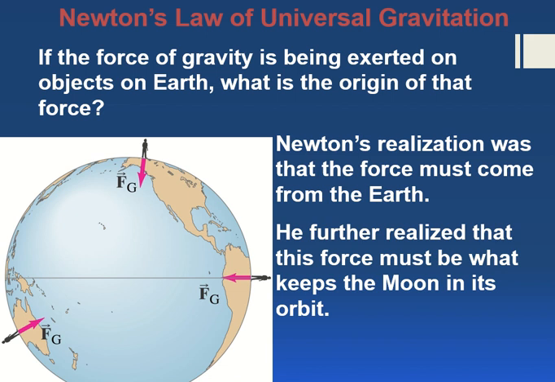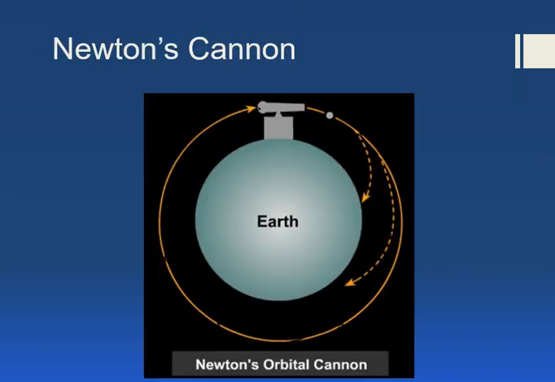Where does it come from? And his realization was that the force must be coming from the Earth. And then he further realized that the force must be what keeps the moon in orbit. So the moon is falling, is what he figured out. It's just not falling straight down. And the reason it's not falling straight down is because of its tangential velocity that it starts with.